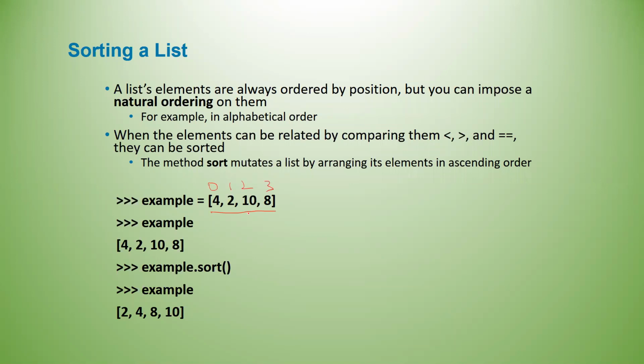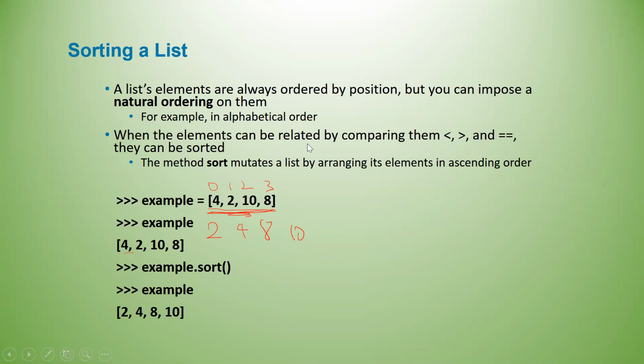But if you order the content, it should be 2, 4, 8, 10, from low to high. So you can impose a natural ordering. That is the natural ordering from low to high.